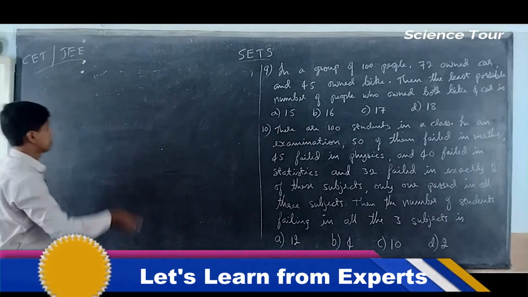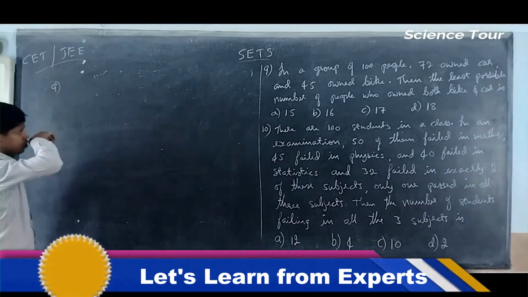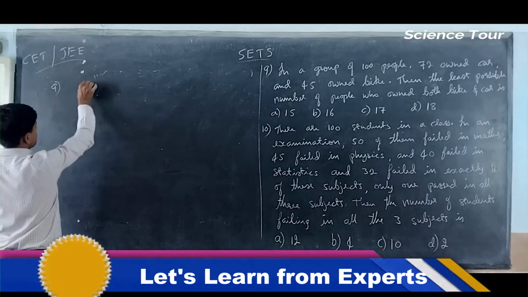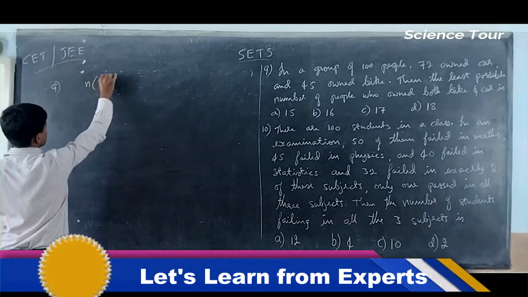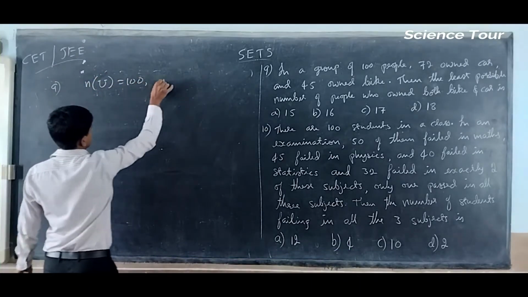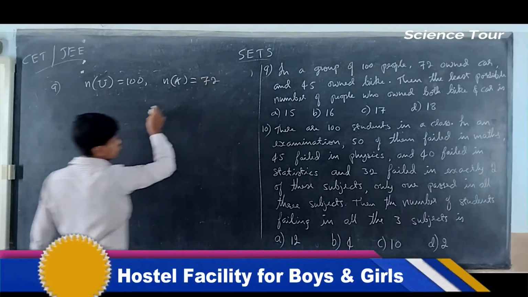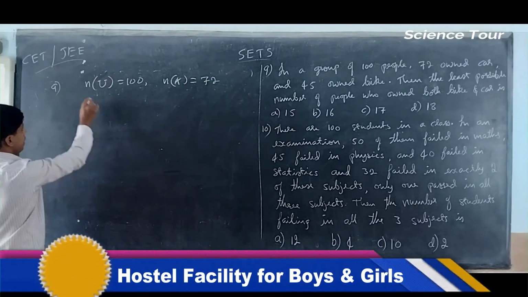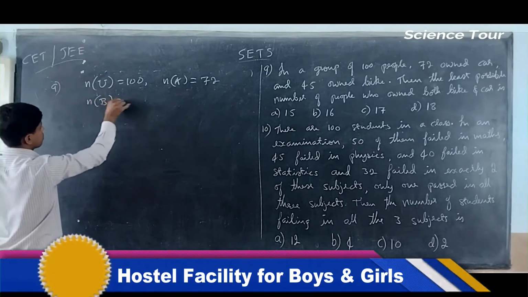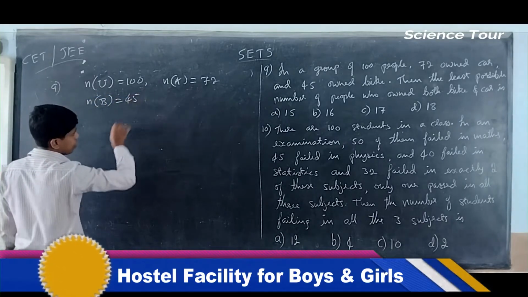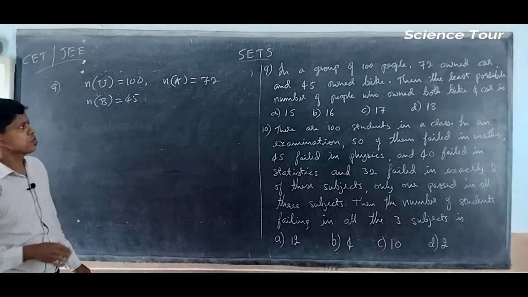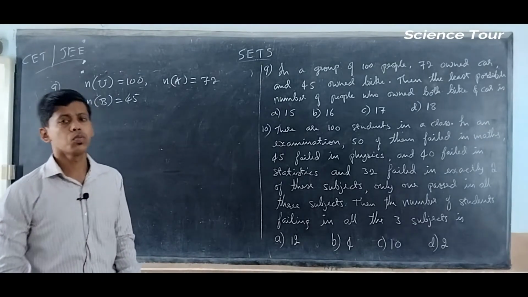The question number 9: you have totally 100 people, so n of universal is 100, and n of A is 72, those who own a car, and those who own a bike is 45. Then the least possible number of people who own both.